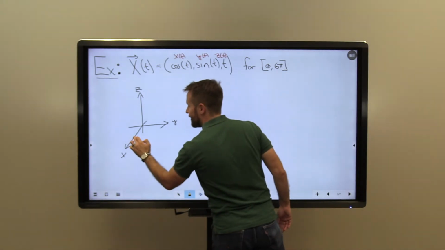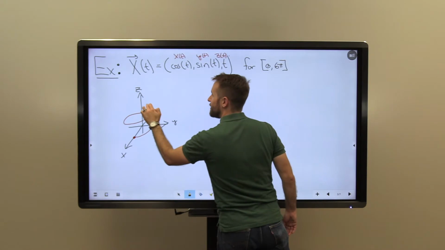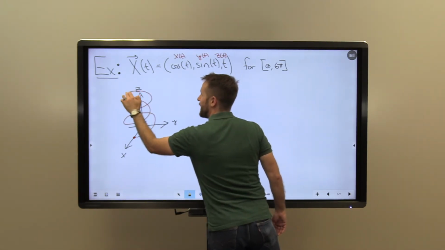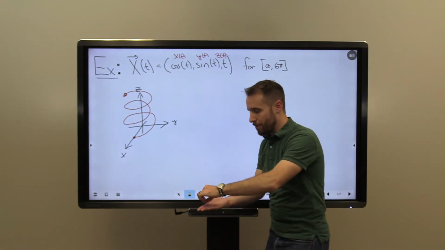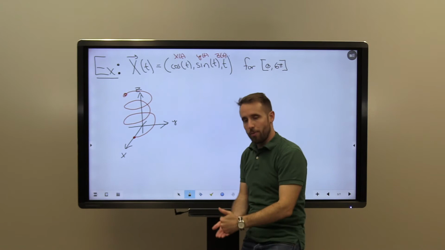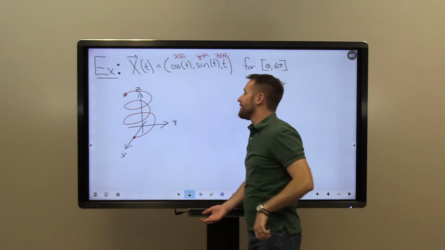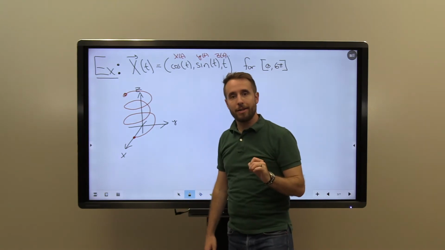We start here and loop around. Going to 6 pi, it'll be a helix with 3 total rotations, going around the circle once, twice, 3 times, all the while going up in the air, and it will stop 6 pi units above where it started.